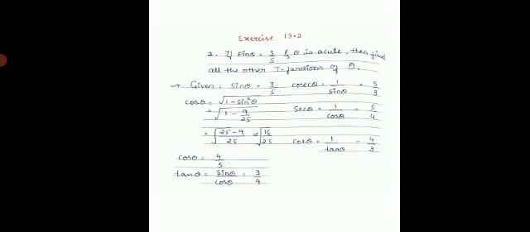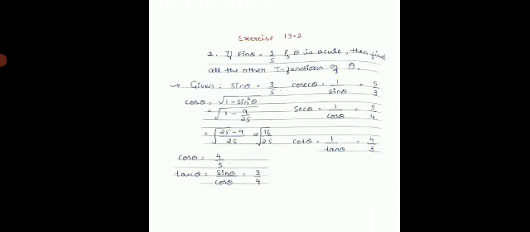Then we know the identity sin square theta plus cos square theta is equal to 1. In that we know the sin theta value. Now to find the value of cos theta, just shift sin square theta to the RHS and take the square root. You get the cos theta value also.